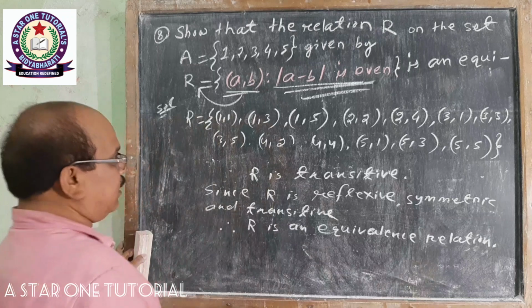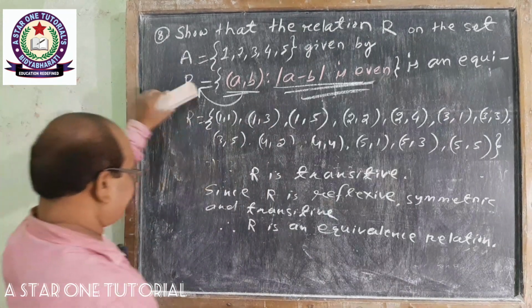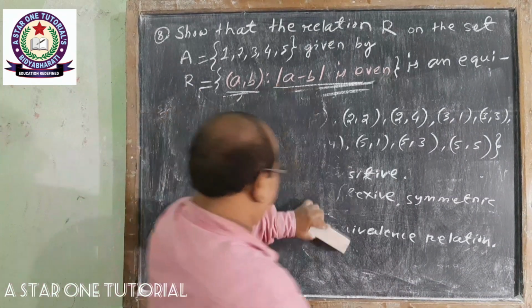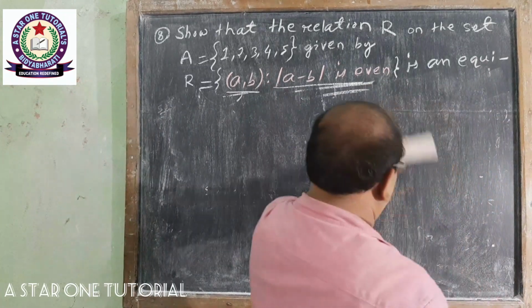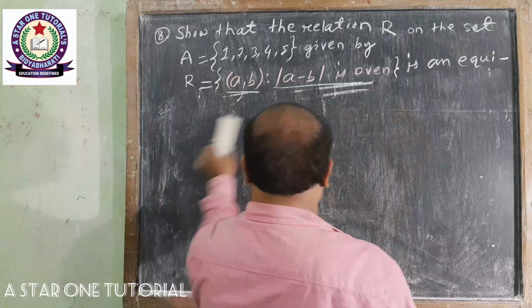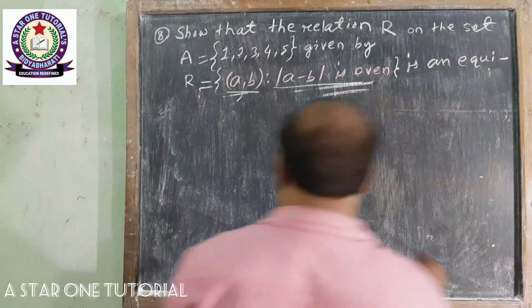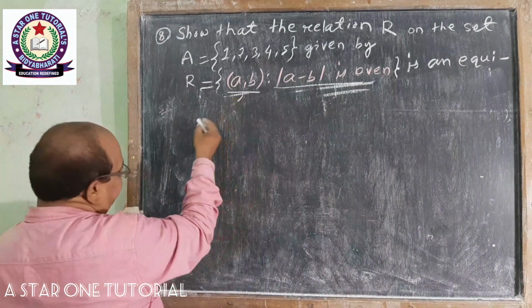Okay. Then come to the next part. It says that the elements of the set {1, 3, 5} are related to each other. How? Write down.